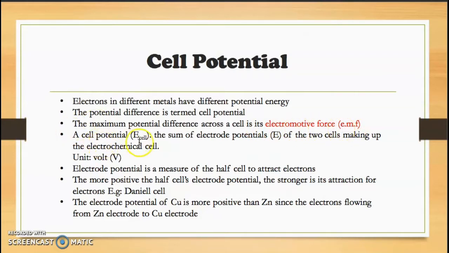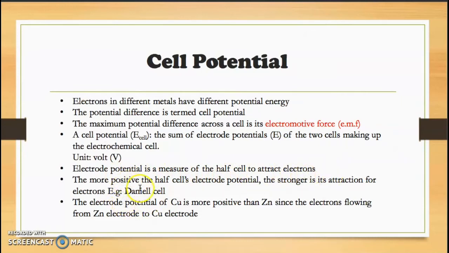A cell potential, E cell, is the sum of the electrode potentials, E, of the two half cells making up the electrochemical cell. The unit is volt. Electrode potential is a measure of the half cell's ability to attract electrons.